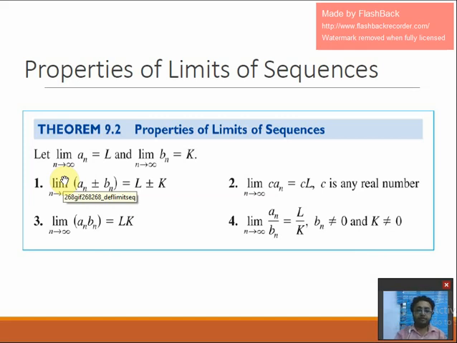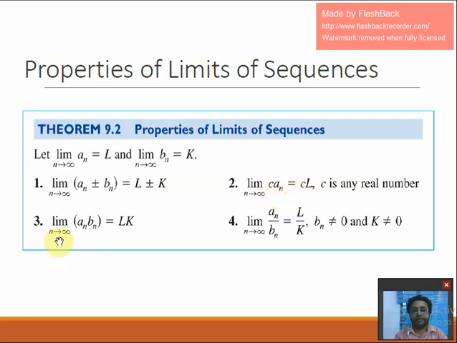Then the limit as n tends to infinity of AN plus or minus BN will converge to L plus or minus K. Similarly, if each term of the sequence A1, A2, A3, A4 is multiplied by some number C, then the limit is also multiplied by C.